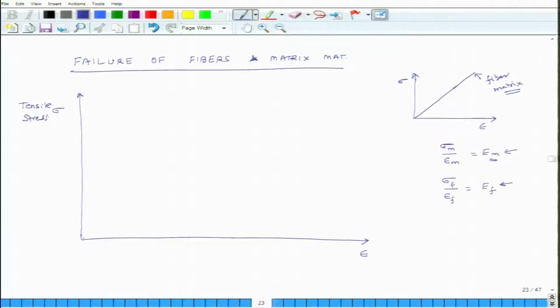So, let us see it. If I have just a pure matrix material and I keep on applying stress sigma and plot the stress strain curve, it looks something like this.